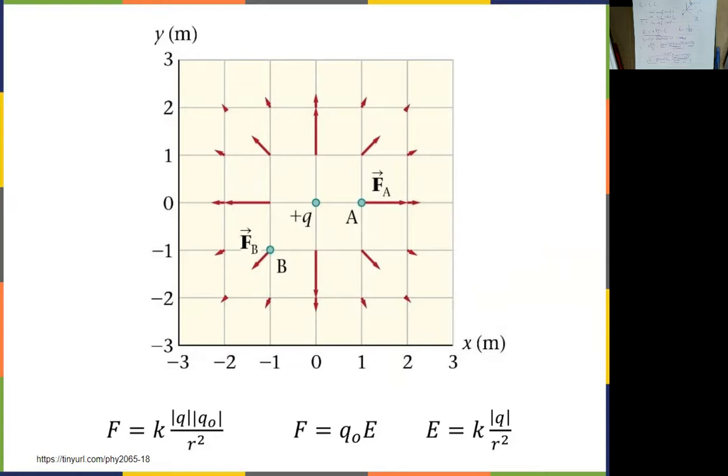That's typically a small charge compared to the point charge q itself. So then the electric force is equal to q0 times E, just like gravity is equal to m times g, where g is the gravitational field.